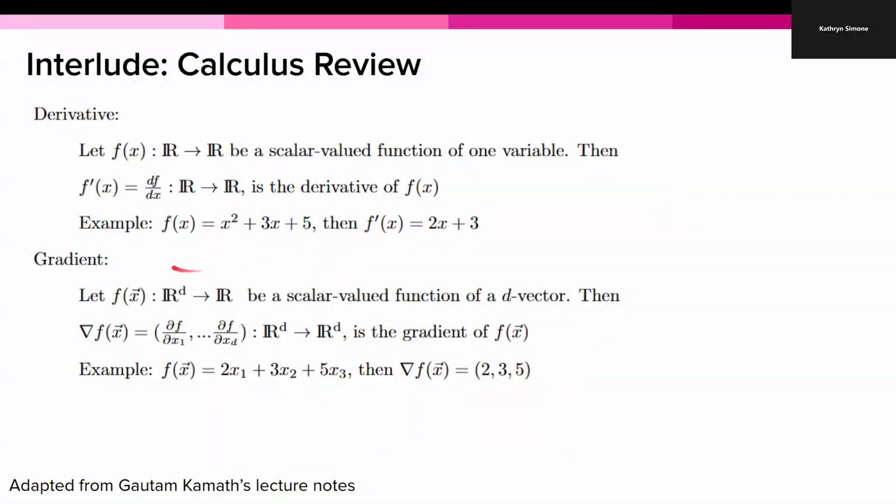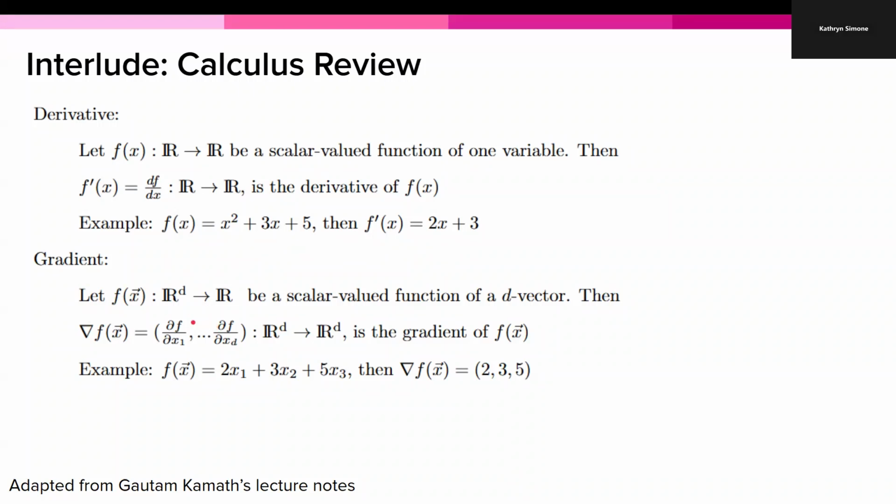The gradient then is a generalization of the derivative for functions of vectors. This is denoted by this upside down triangle operator called nabla or del. So now if we have a scalar valued function of d variables, we now have to get more precise about what the derivative means, because we can take the derivative with respect to any one of them.